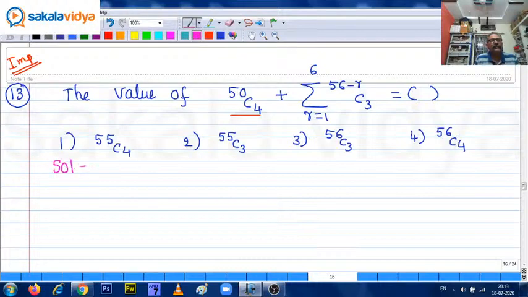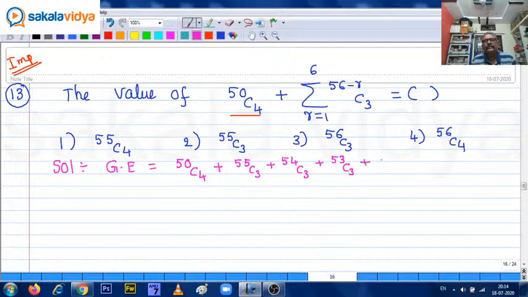Solution. This is the given expression, we can write 50C4 plus, first substitute 1, you get 55C3 plus, next substitute 2, 54C3, next substitute 3, 53C3, like that you will be getting up to 52C3 plus 51C3, this is 50C3.